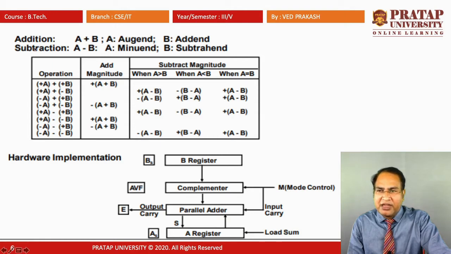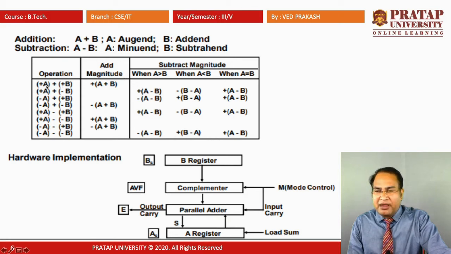Similarly, in a similar process like subtraction, we use two data, A and minus B. Here A represents the minuend and B represents the subtrahend. So these two operations are basically performed as 8 different cases, add magnitude and subtract magnitude. So we consider them one by one.